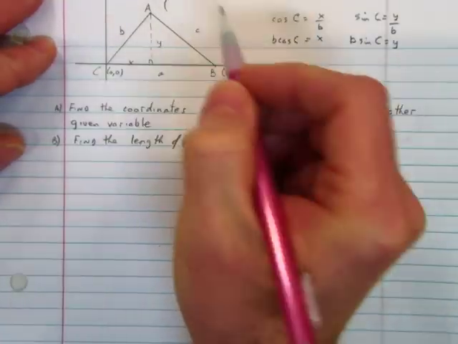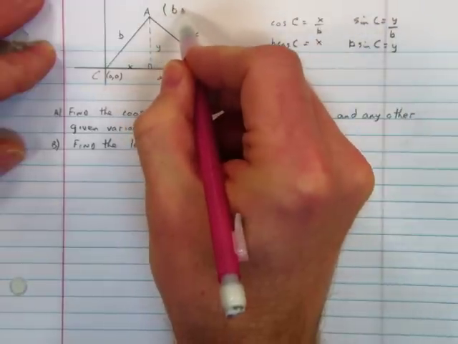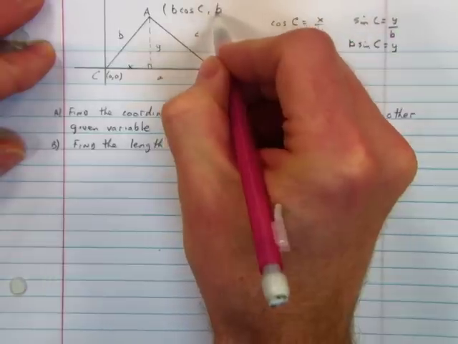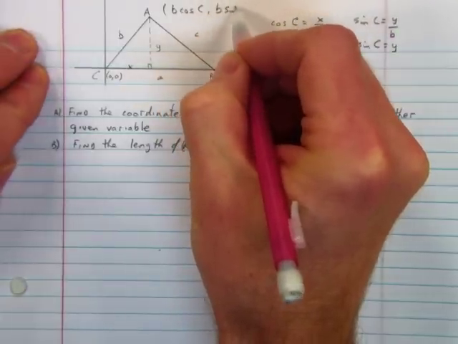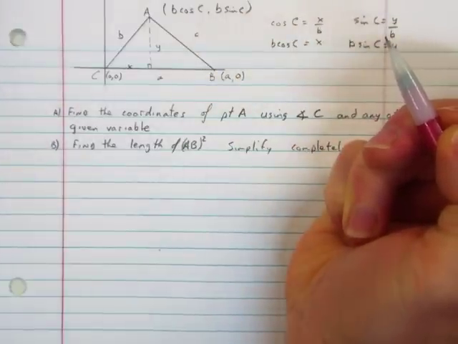That means we know the coordinates of point A. It is b cosine of C, comma, b sine of C. And that's part A.